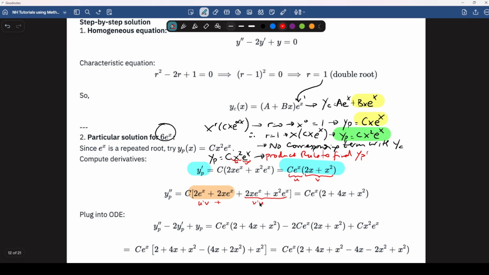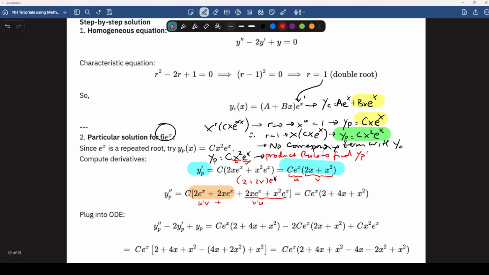Okay. So the v prime will be the derivative of this thing, which is 2 plus 2x, times u, which is c times e to the x, because they take the constant out.